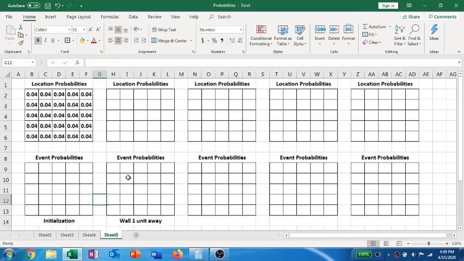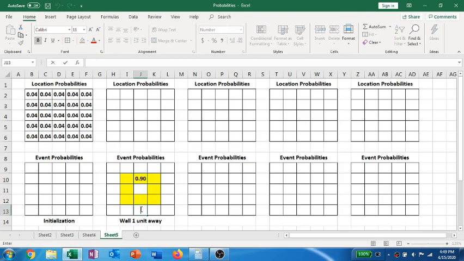Now we know that it couldn't be here because the wall would be 0 units away. So here the wall is 1 unit away. Same as here, here, and here. Couldn't be here because that means the wall would be 2 units away. And let's say that the way our sensor works, we're 90% certain that the wall is 1 unit away.